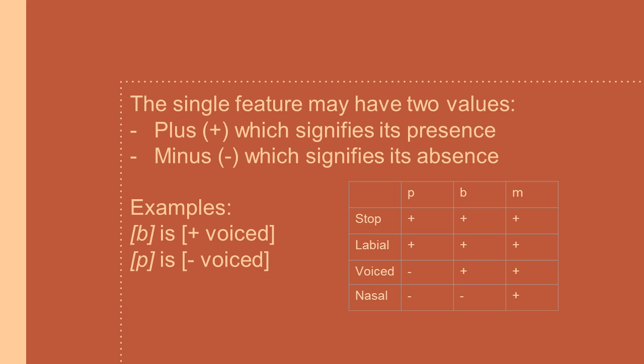Take a look at the table on the right side. Let's take the example of p. The p is marked as plus for stop and also plus for labial, but p doesn't occur as voiced because p is voiceless. Okay, let's move to the next slide.